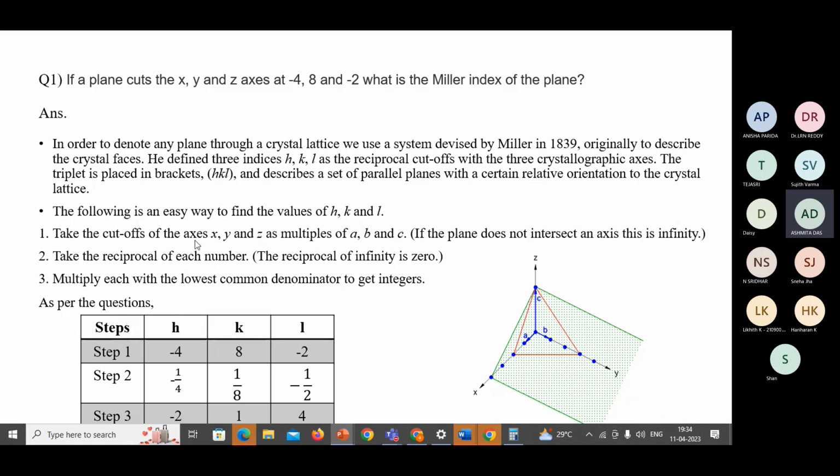First one, we take the cutoff of the axes x, y, z as a multiple of a, b, and c. If the plane does not intersect an axis, suppose one plane is parallel, it cuts both a and c, but does not cut the b axis like the y axis. Then we take the Miller index k as infinity.